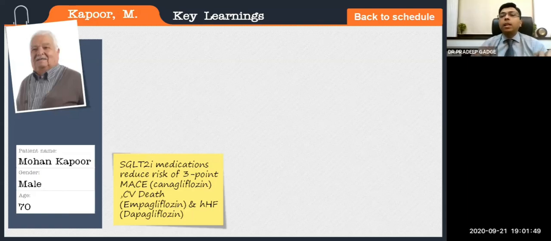However, it is the reverse when it comes to BP. As the creatinine goes on increasing, the BP lowering potential of SGLT2 is better actually, and it is because of the sodium loss also. Remember what I showed you earlier: SGLT2 is a co-transporter, and along with glucose, sodium also goes out, and that is what exactly benefits.